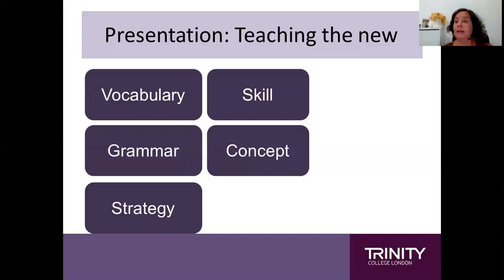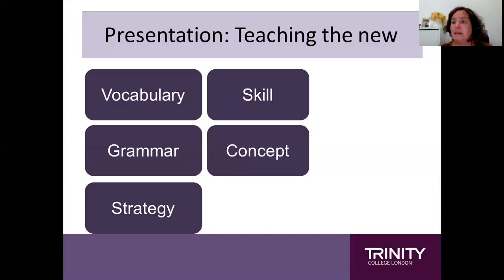So what is it that we can present through a remote self-study guide or through remote tasks? Well, we might be presenting new vocabulary. We might be presenting something new related to grammar. We might be presenting a new strategy.